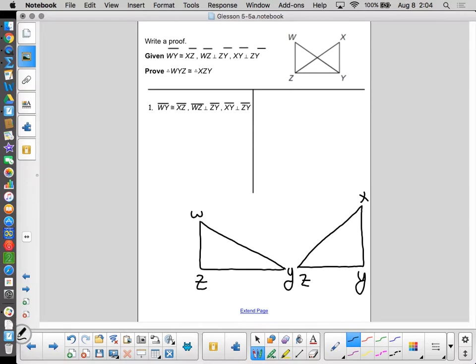And then mark them up. WY is congruent to XC. That's given. We're also given that these two lines are perpendicular and that these two are perpendicular. So I can mark that in my drawing. Much easier to see in the lower picture. So when you have overlapping triangles like that, sometimes it's easier to pull them apart.